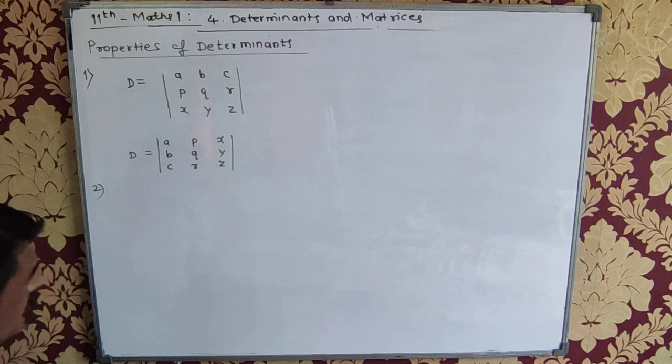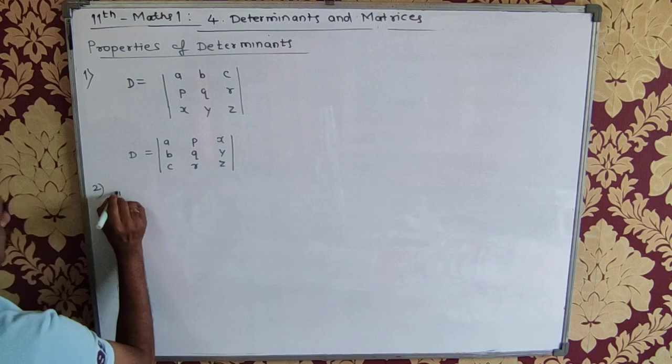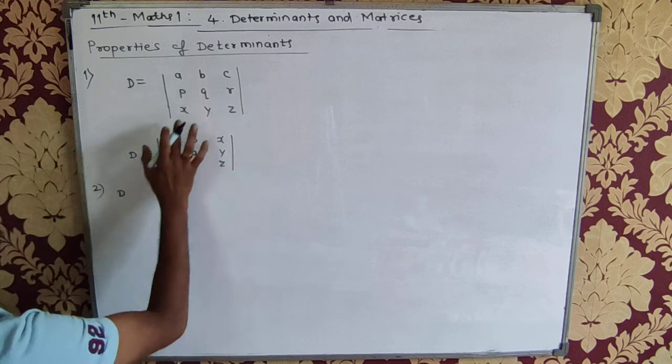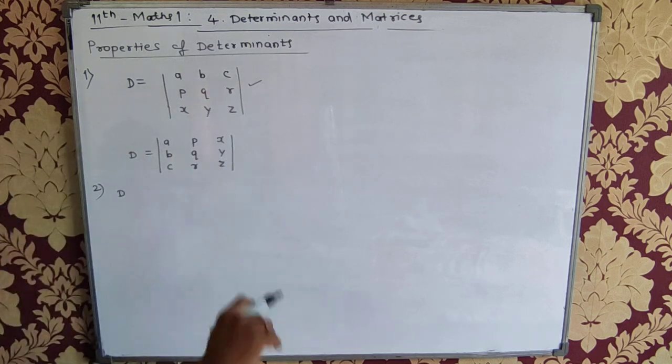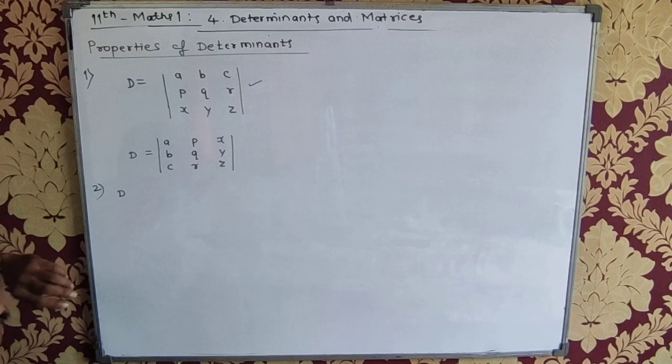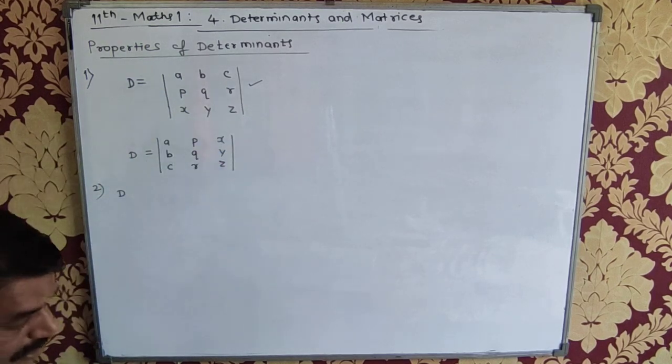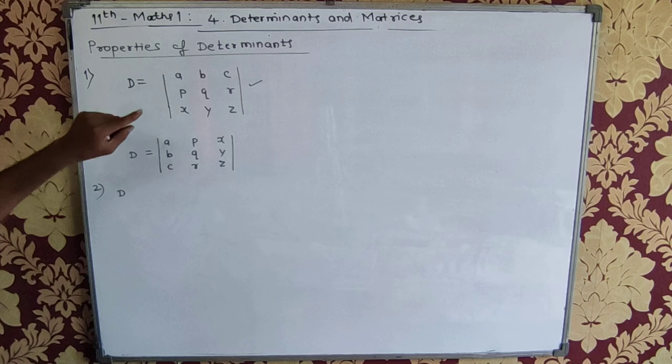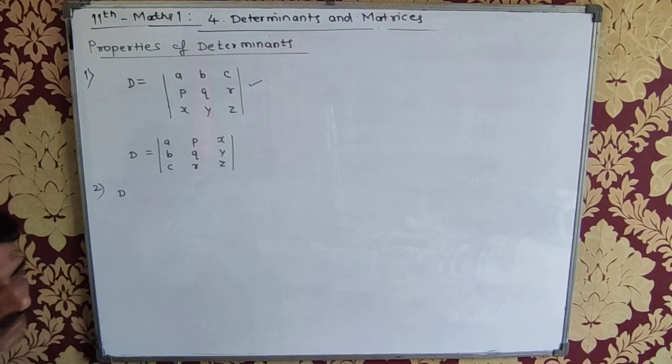Second property. If this is the determinant D, the second property says: if any two rows or any two columns of the determinant are interchanged, the value of determinant changes in sign only.